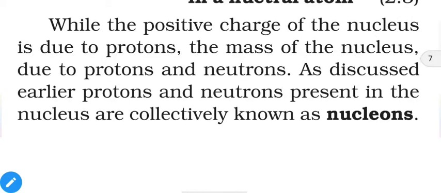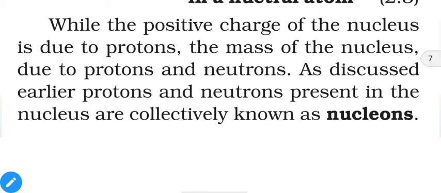So in short, electrons are responsible for the size of the atom, and neutrons and protons are responsible for the mass of the atom. Mass is concentrated in a very small region because of protons and neutrons.